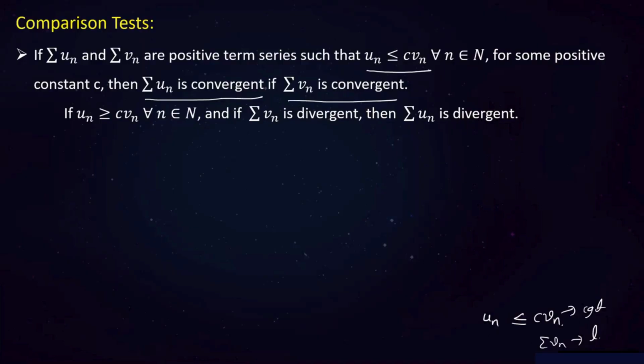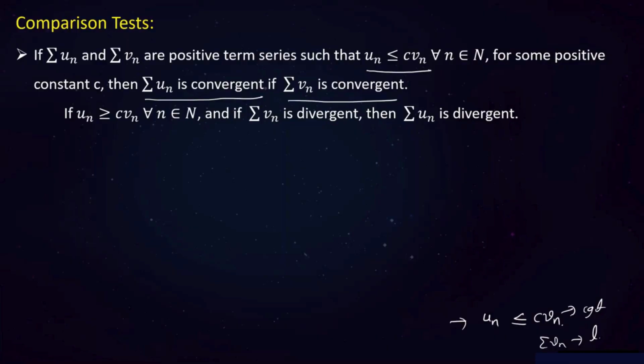So when un is less than or equal to c times vn, and summation vn is convergent, then obviously the smaller series will also be convergent, right?